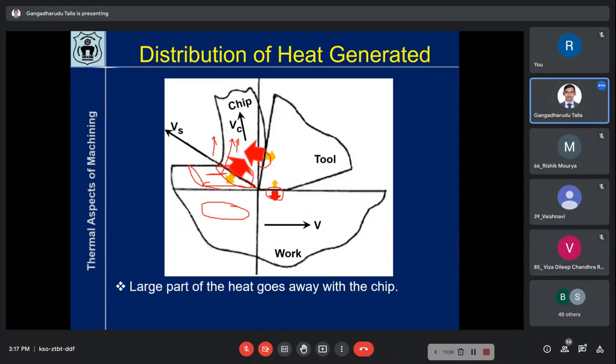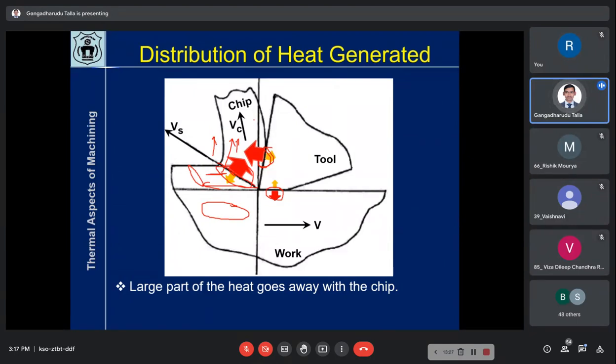So there will not be much time for the heat to be dissipated into the workpiece; along the chip it is going away. Same is the case here. There is not much time for heat to get into the tool region, and of course tool material is generally a heat resistant material, temperature resistant compared to the chip.